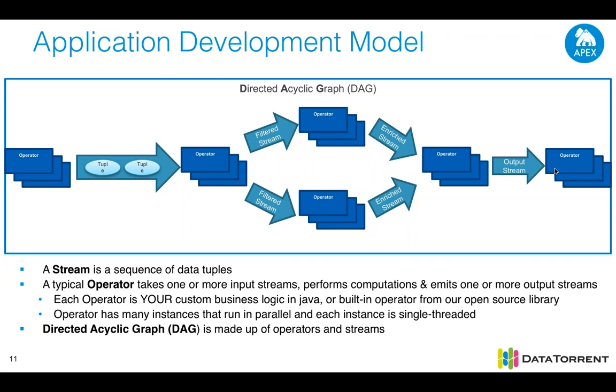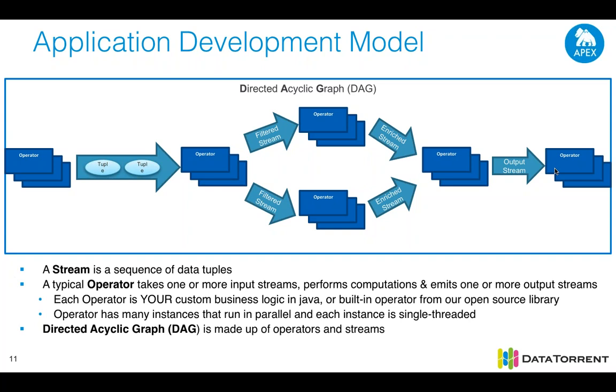Each operator continuously emits data. Each piece of data is called a tuple, and the tuple can be any object. So it could be very simple things like primitives like int, strings, to any complex object you want, right? It could be some complex employee object. We allow you all that flexibility, and the serialization and everything is taken care of by the platform.